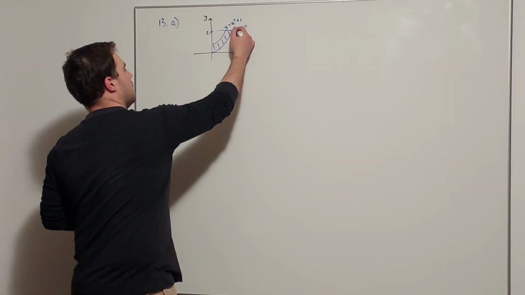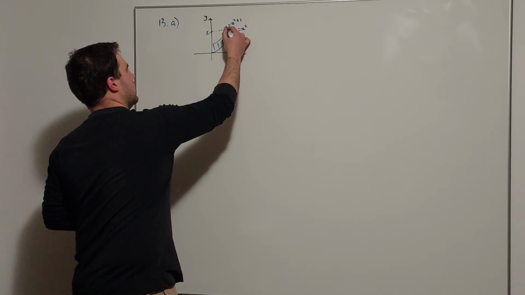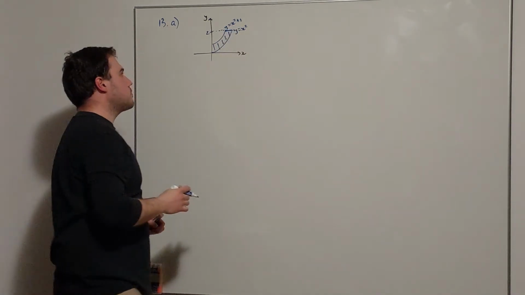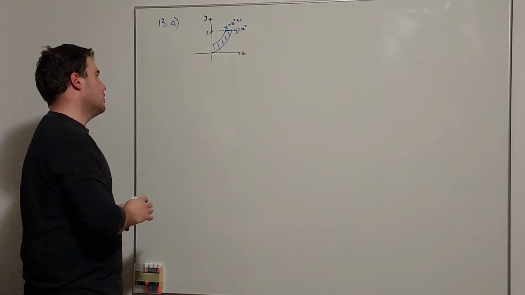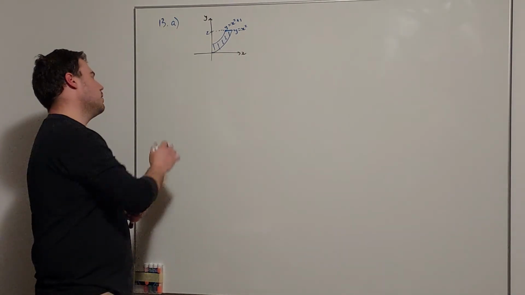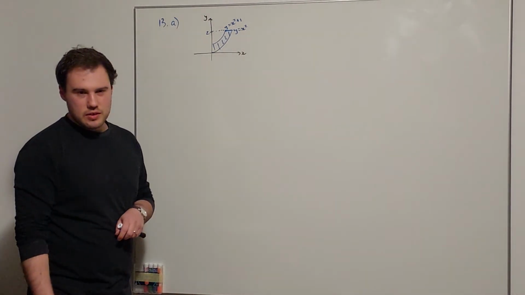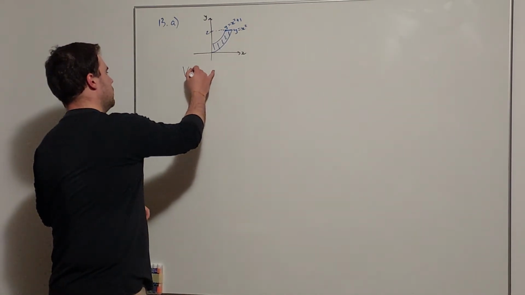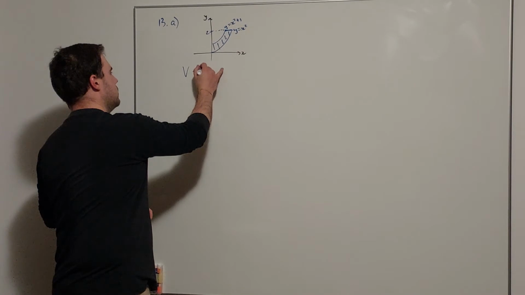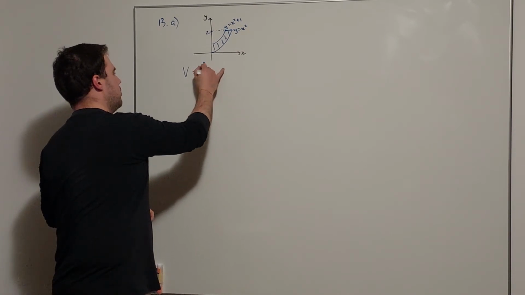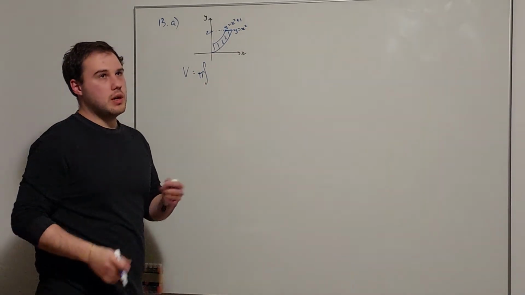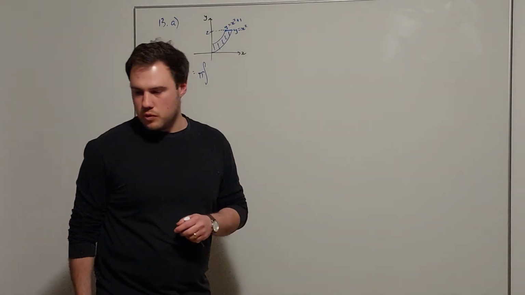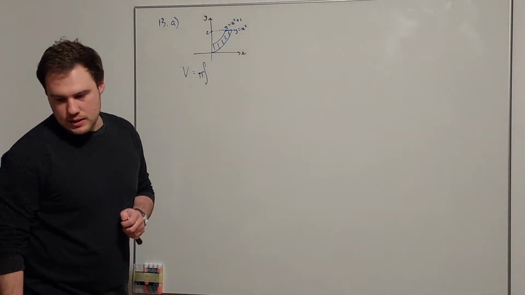Okay, so we can find the volume when we rotate around the y-axis, is going to equal pi, right? It's like pi r squared h basically, like the formula for the volume of a cylinder.